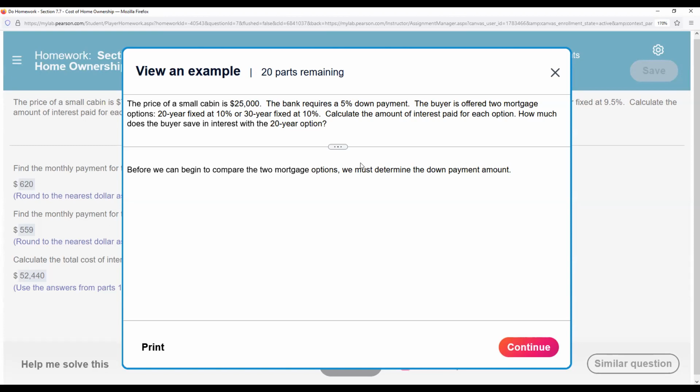Calculate how much interest for each option, and how much they save with the 20-year.